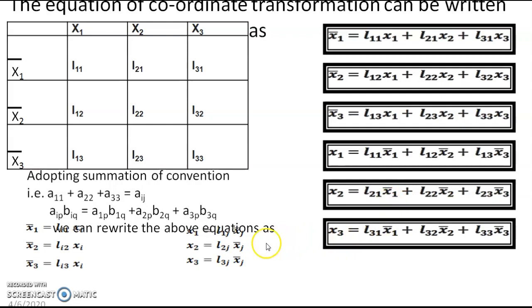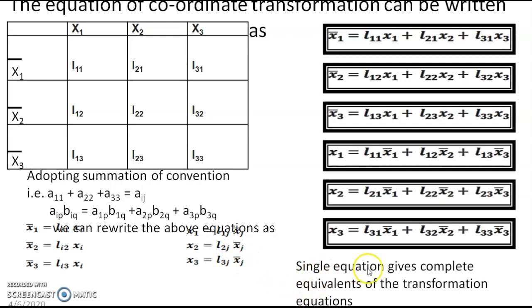For this, you have to write j. Similarly, in this notation, 2 1, 2 2, 2 3, the value of I remains the same, but for the second suffix which represents j, instead of writing 1, 2, 3, you are writing only j. Here 2 is repeating, 3 is repeating, so it is 3j, xj bar.